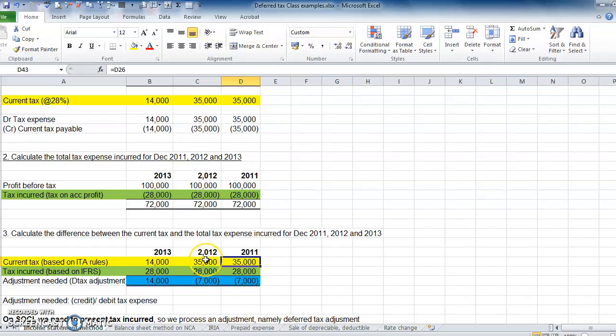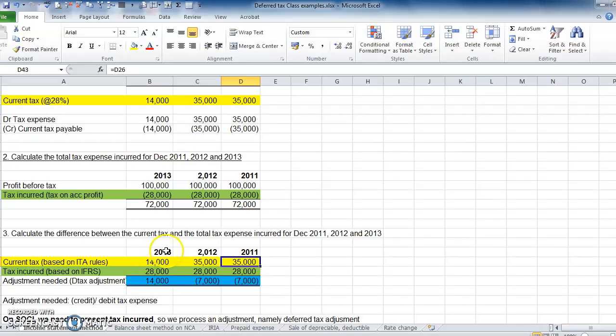Same for 2012. After we've processed this journal over here, our tax expense account will be sitting at 35. However, our total tax expense, that should be taken to profit and loss, must be 28,000. So what do we need to do? We need to decrease our tax expense with 7,000.